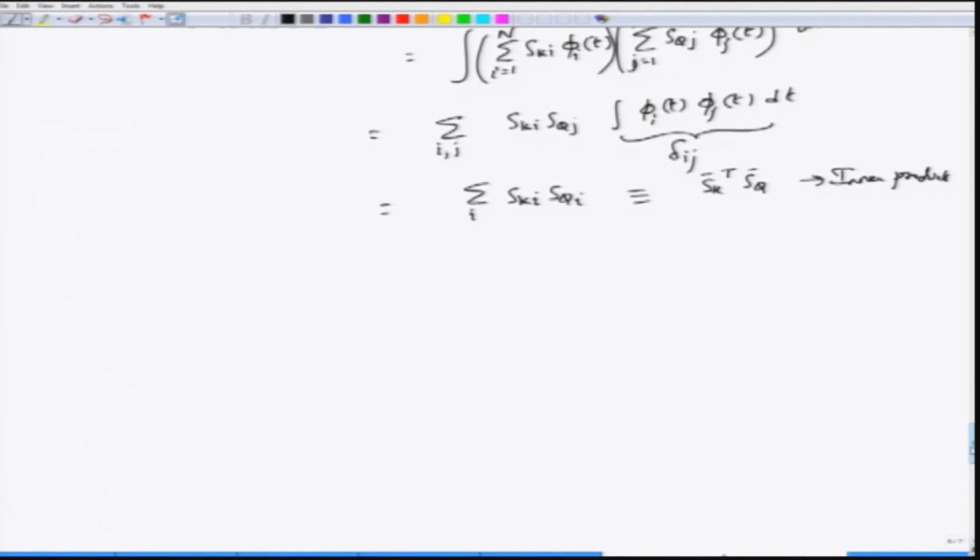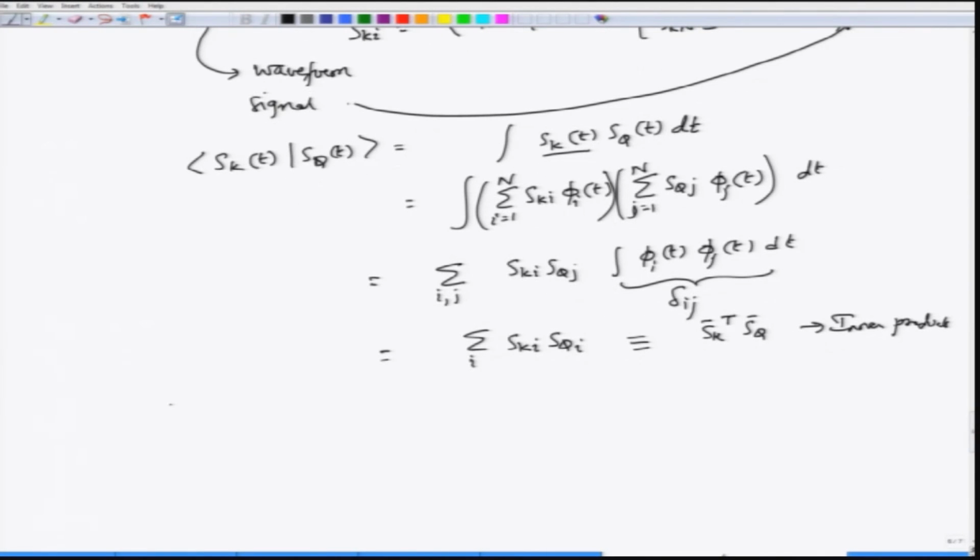I will leave it as an exercise to find out S3 of t and Sn of t, but I would like to very quickly give a geometric representation. For the signal space example that we considered, I can write down S3 of t as a linear combination of S1 of t and S2 of t.